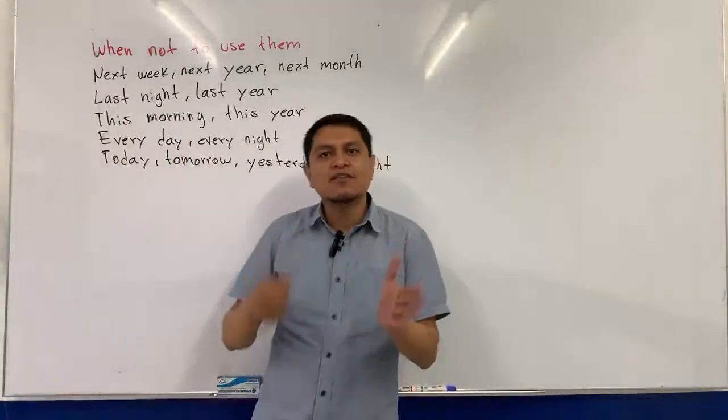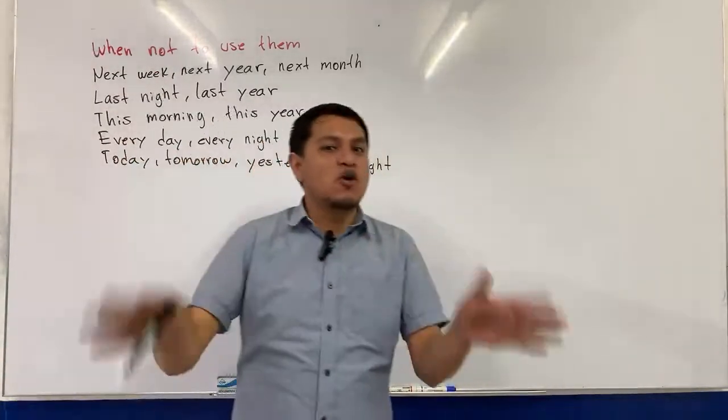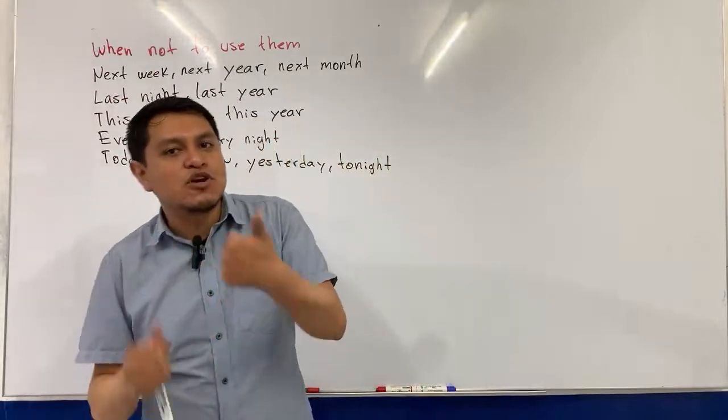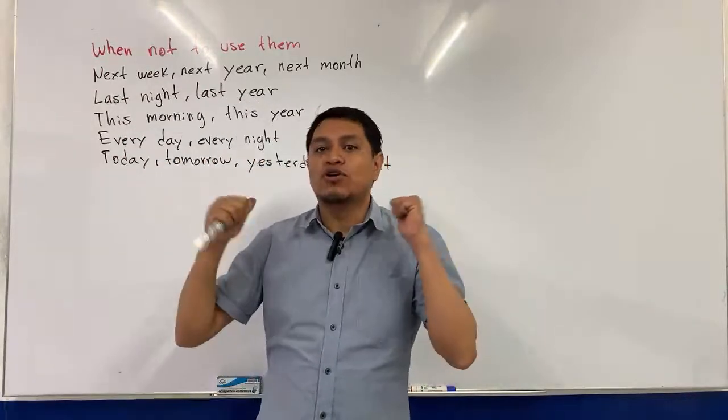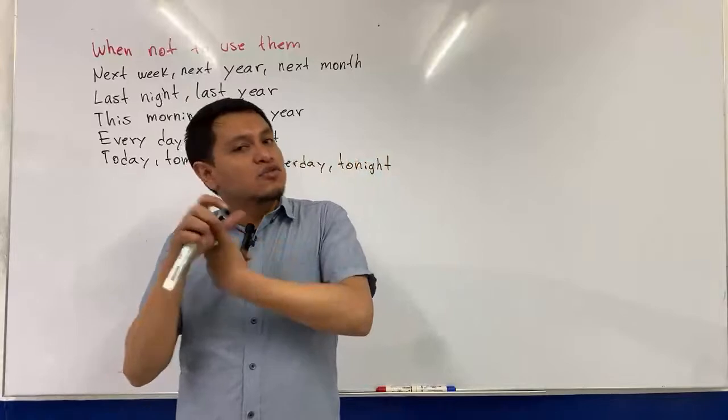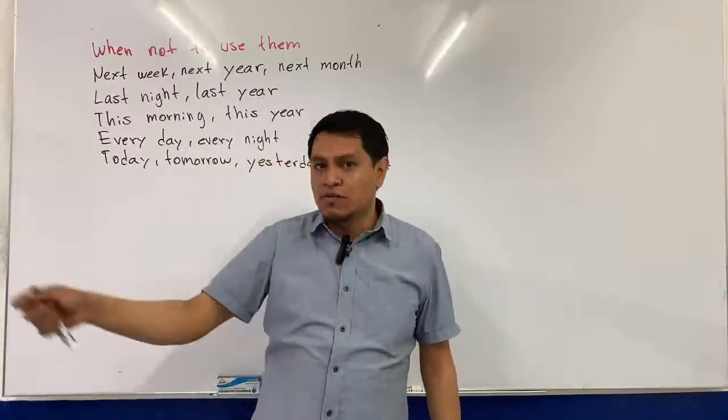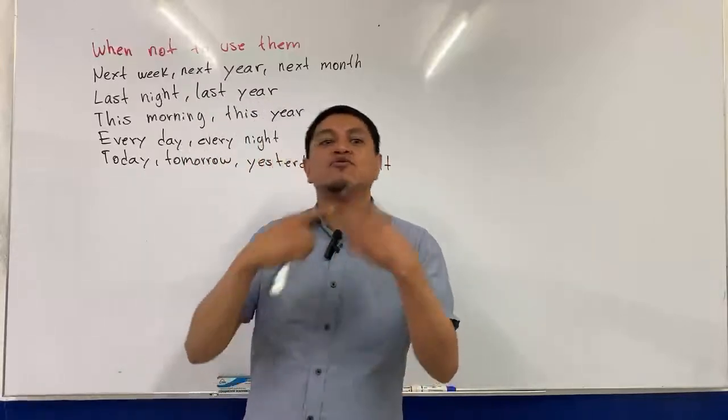Right, it's time to put into practice all this knowledge. I'm gonna give you some exercises for these words, right? And your homework is to try to solve these exercises from your home.